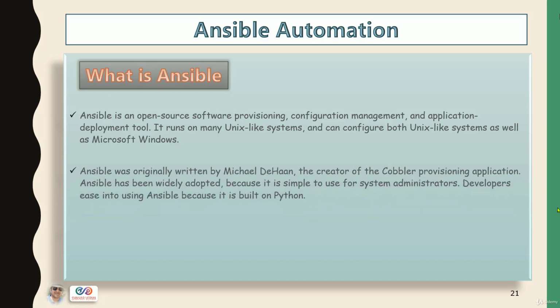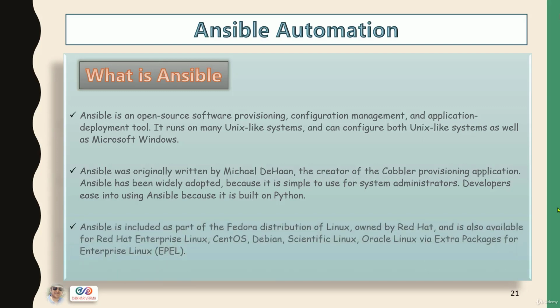Ansible was originally written by Michael DeHaan, the creator of the Cobbler provisioning application. Ansible has been widely adopted because it is simple to use for system administrators. Developers ease into using Ansible because it is built on Python.